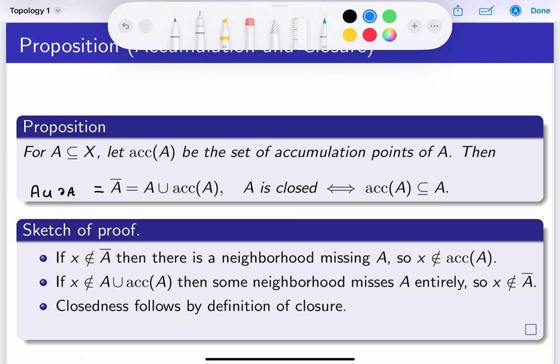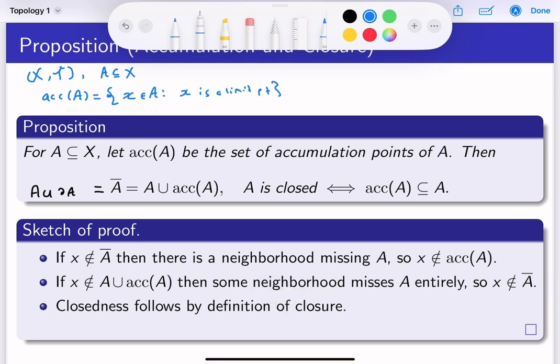If we start with a topological space, and we say A is a subset of X, we're going to define the accumulation set of points of A to be all the points X such that X is a limit point or an accumulation point of A.